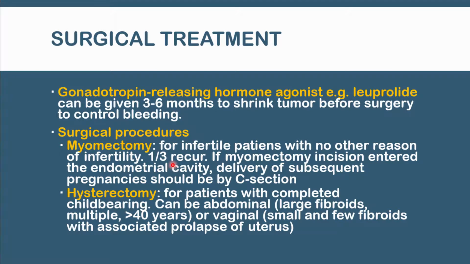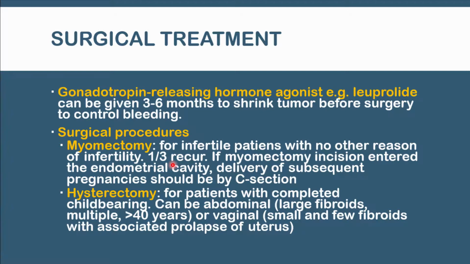And in about a third of the patients, they actually tend to recur. Now, if you make an incision when you are removing these fibroids and it actually enters into the endometrial cavity or the uterine cavity, then it means that all the other pregnancies that this woman is going to be having are going to be via C-sections, because there's going to be a high risk of uterine rupture if this woman was to actually give birth vaginally.